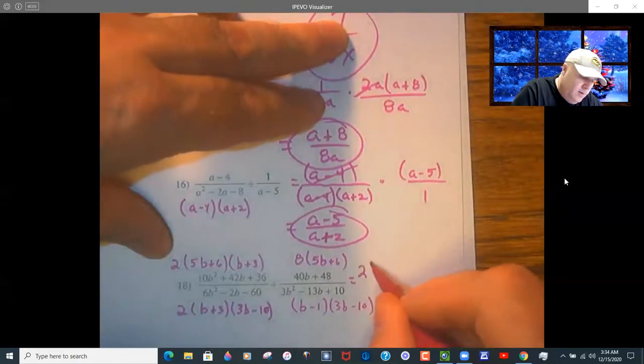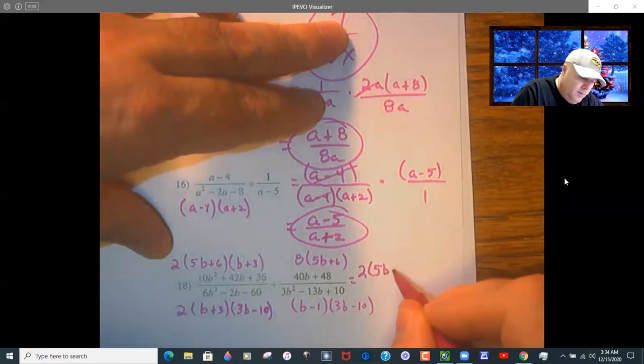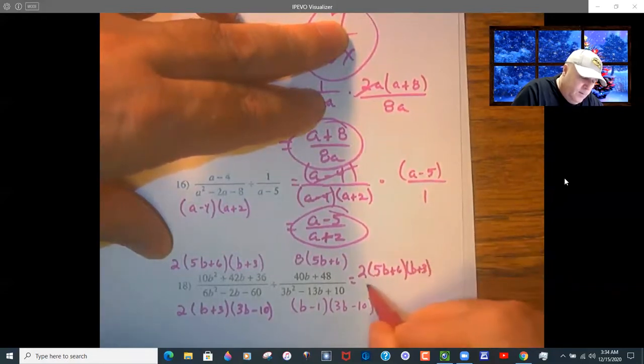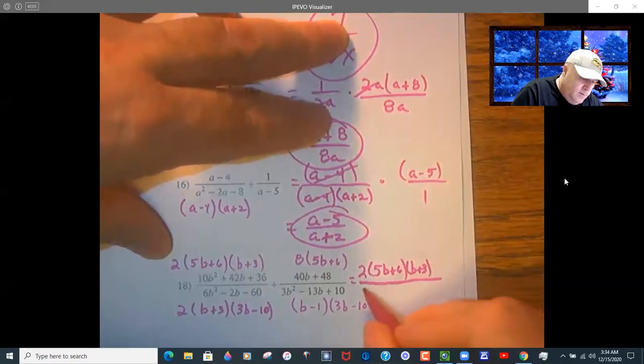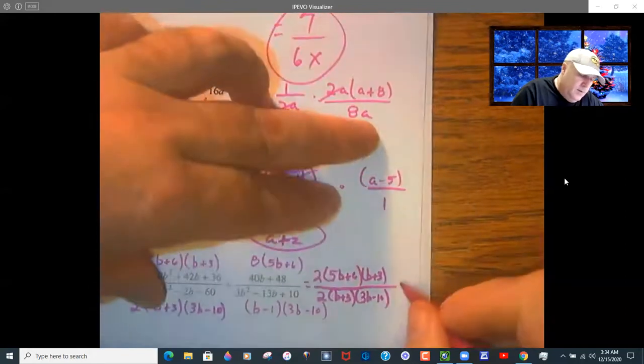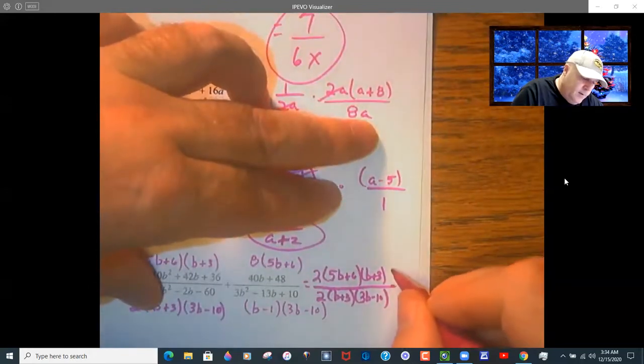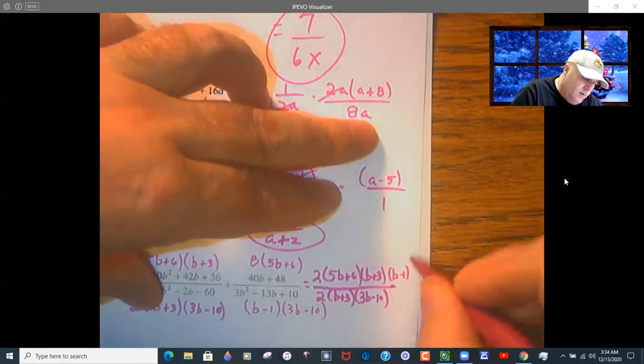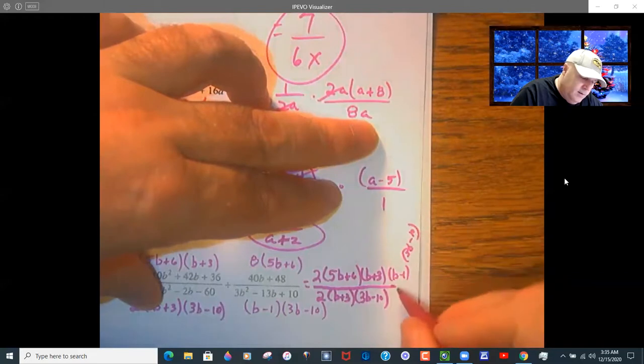So this one will be a little bit jammed up here, times b plus 3 over 2 times b plus 3 times 3b minus 10 times, okay, so on the top, b minus 1 and 3b minus 10. I'm going to have to write it up the side here.